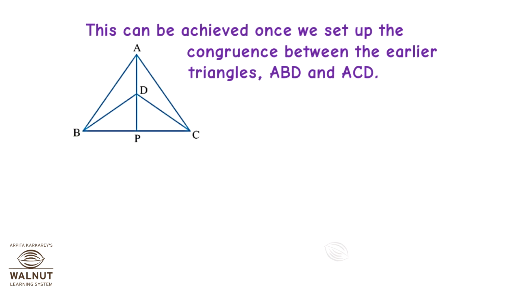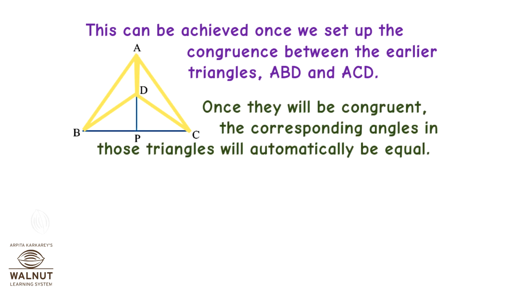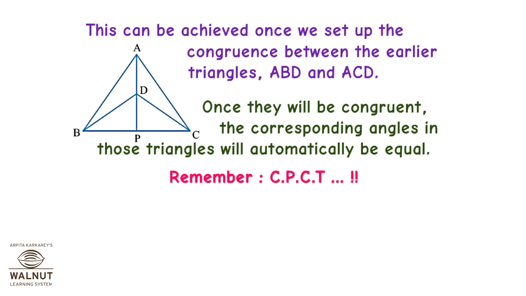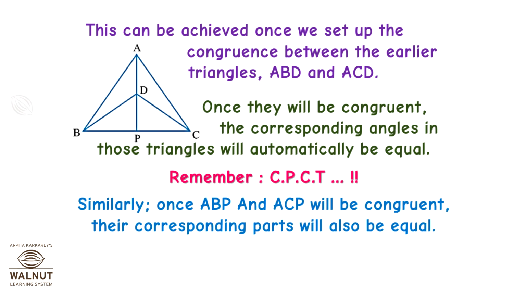This can be achieved once we set up the congruence between the earlier triangles ABD and ACD. Once they will be congruent, the corresponding angles in those triangles will automatically be equal. Remember CPCT. Similarly, once ABP and ACP will be congruent, their corresponding parts will also be equal.